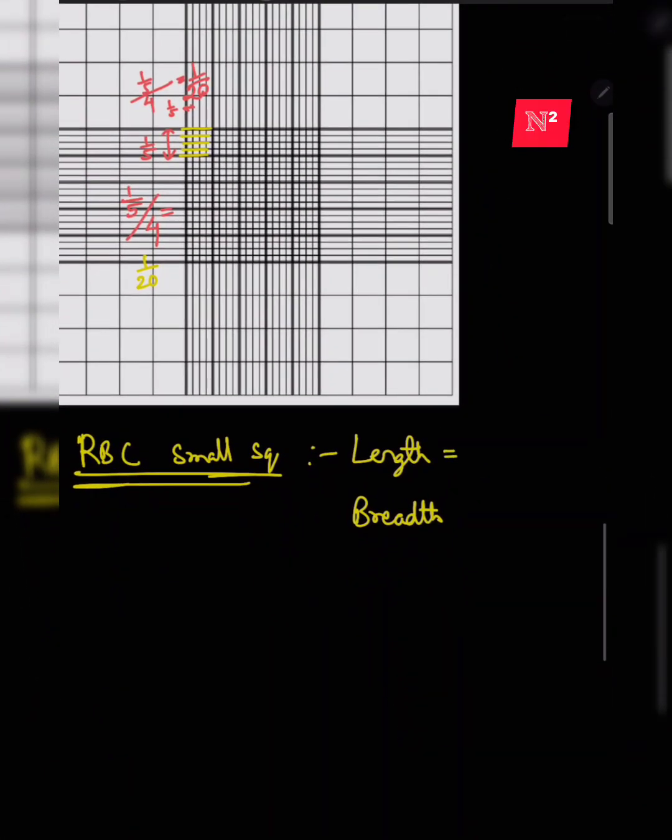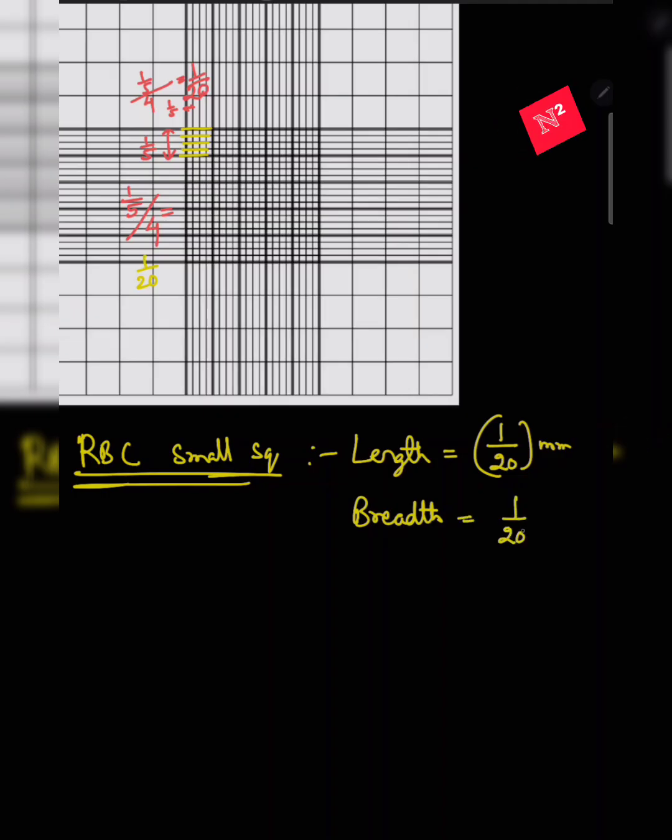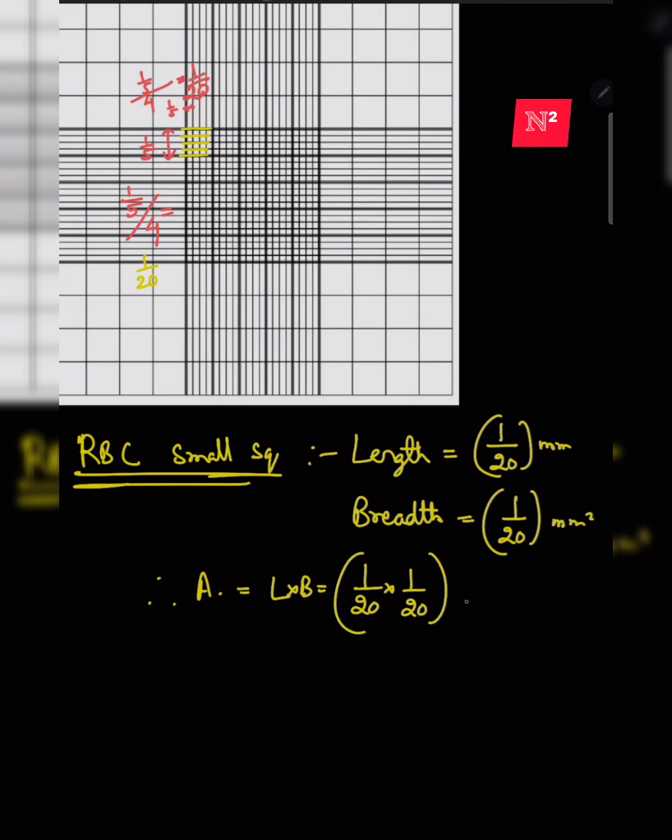So we have found that the length of the RBC small square is 1 by 20 millimeter, and the breadth is also 1 by 20 millimeter. Therefore the area will be length into breadth, that is 1 by 20 times 1 by 20 millimeter square.